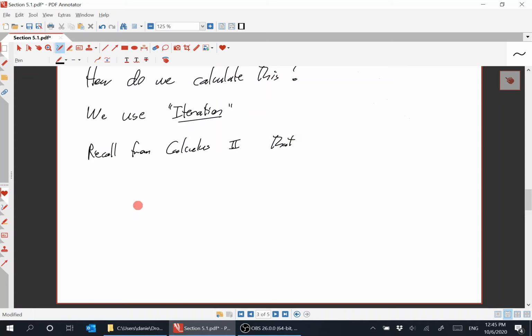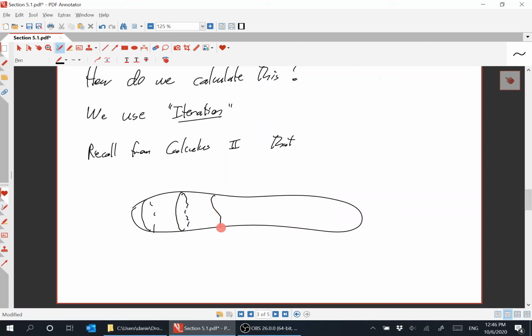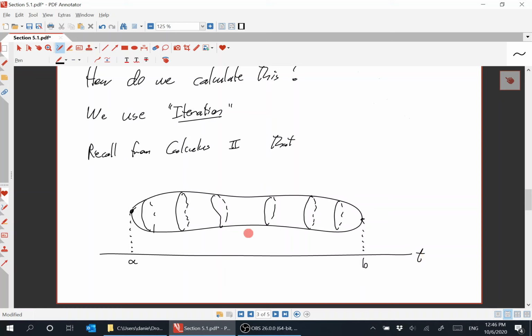that if you've got a solid that's lined up along some axis, the solid doesn't have to be particularly circular or round, but you've got some solid lined up on an axis, say on a t-axis. So here's t equal to a, here's t equal to b. That's a t-axis.